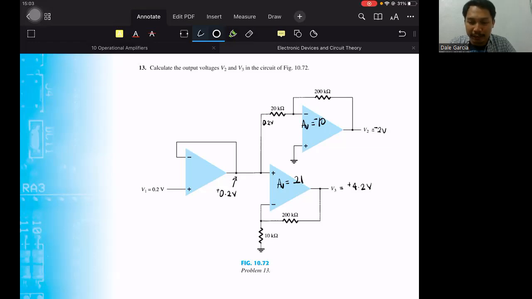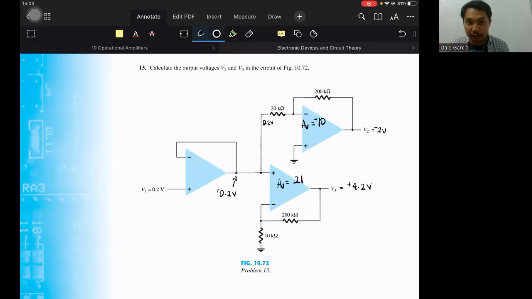I hope you also appreciate that this analysis is much easier compared to BJT or FET. It's easy, just trace the voltages. Familiarize yourselves with the circuit configurations and the gain formulas.